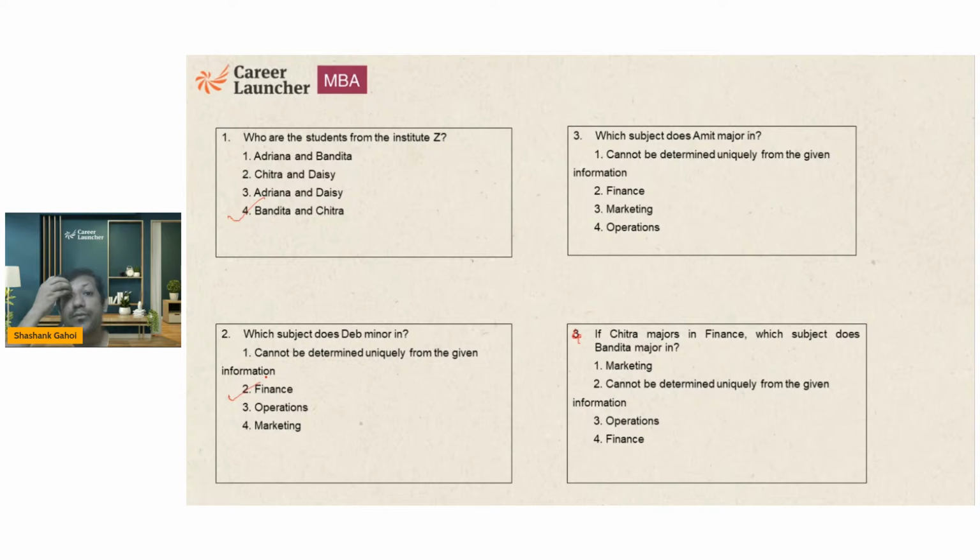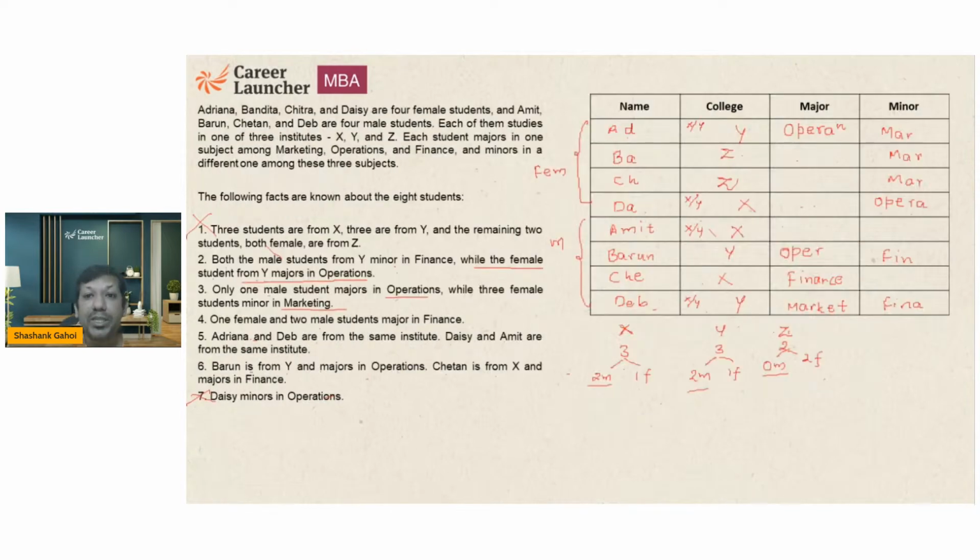Now, which subject does Amit major in? Now my job is to figure out what Amit majors in. So it is definitely not going to be operations. I think I am missing out on something.